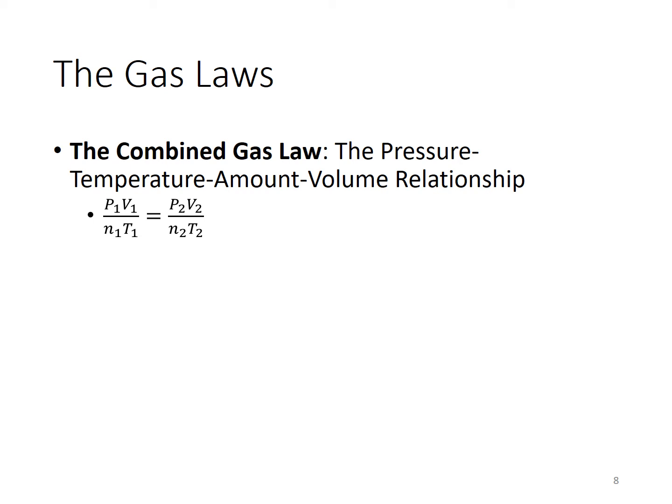If anything is held constant, those would cancel out. So if volume doesn't change, V1 would equal V2, so those could cancel, and you'd have a new relationship. Or pressure, right? Pressure didn't change, so P1 would equal P2, so those would cancel. Or commonly, for a fixed amount of gas, N1 equals N2, those would cancel.